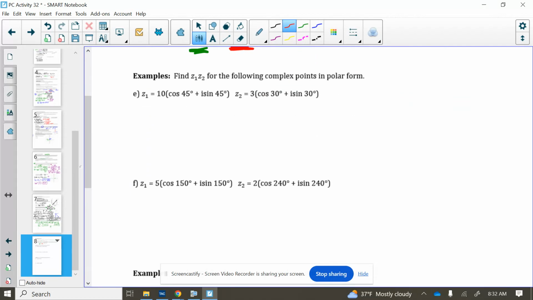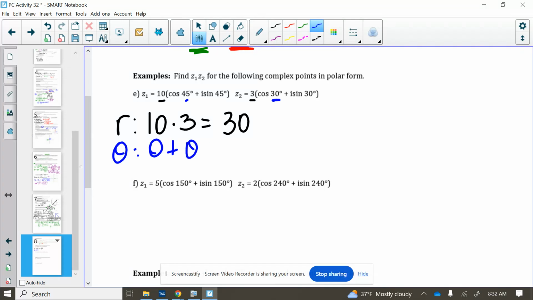So if we look at some of these examples, for the first one, if we want to find the complex form, to get the r value, we are going to take the r values from the originals, 10 and 3, and we are going to multiply them together so that we would get 30. To get our theta value, we're going to take the theta values from the original, and we're going to add them together.